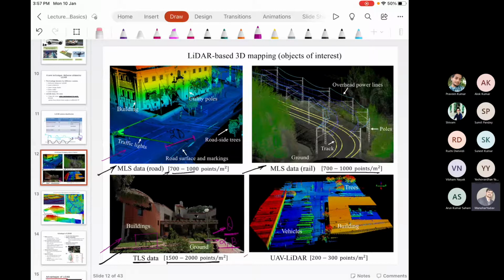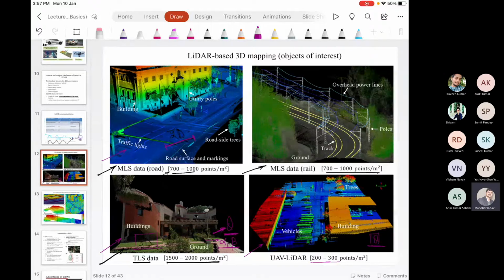If we come to the airborne platform, okay, by maintaining theta constant, theta being the unit that gives you the angular separation between two fired laser beams, theta is constant, but you will get less point density because in this case we are using an aerial platform.